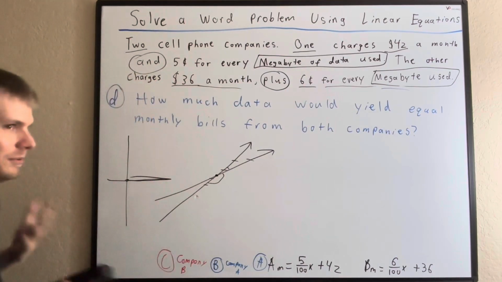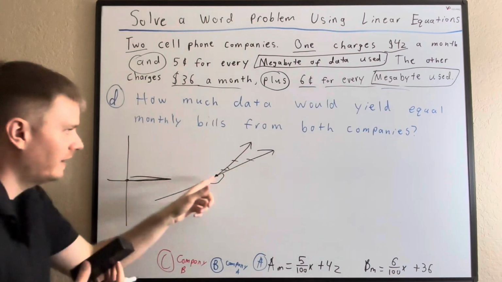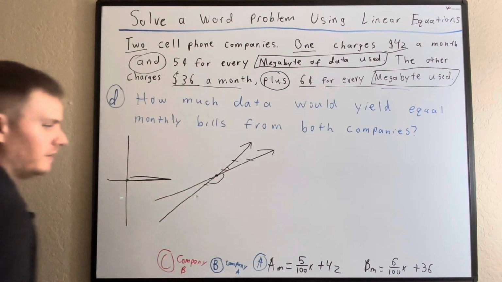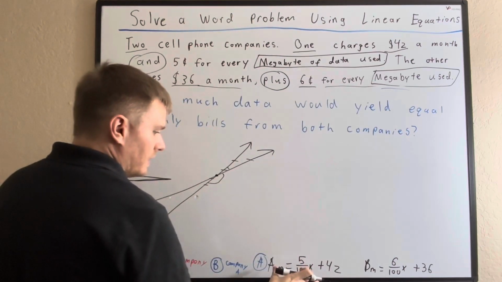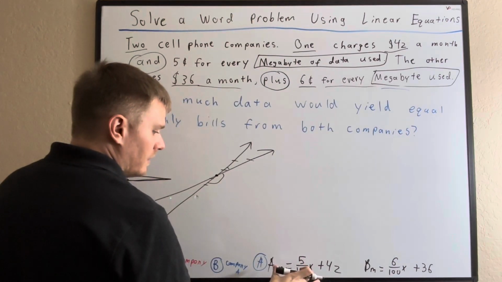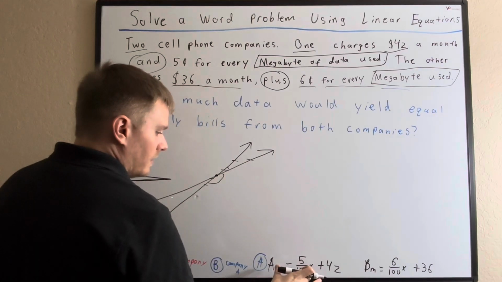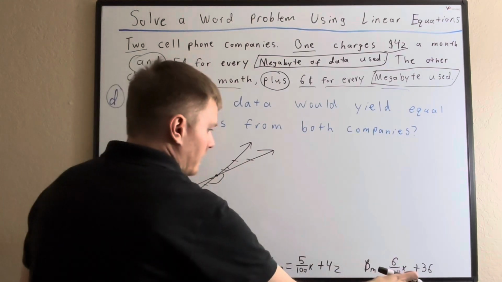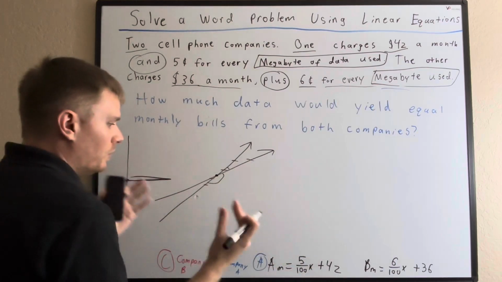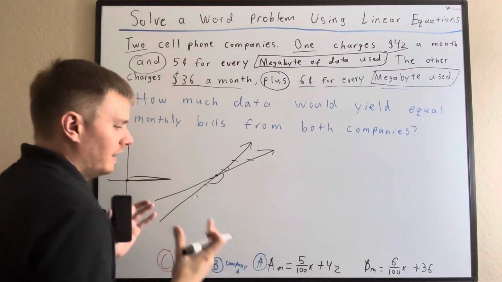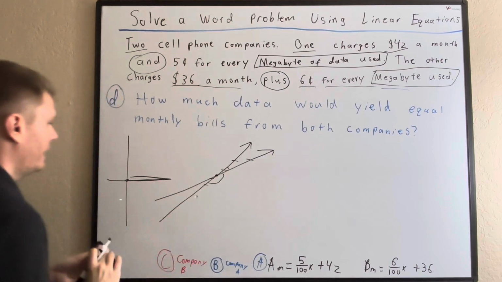So how is that going to clue us in to find the intersection? Well, you kind of just substitute the other equation in and figure out where they line up. How do we do that?